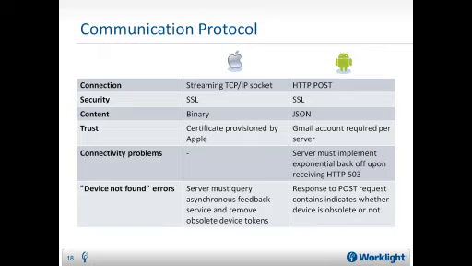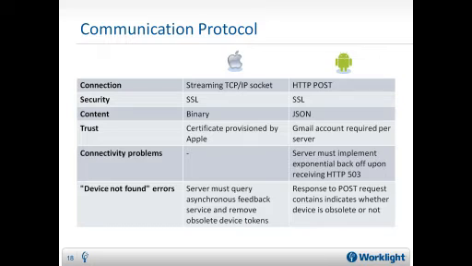And APNS provides a high-speed streaming secure TCP/IP connection with binary content. So developers must write the code for implementing this link or acquire an existing library that does that already.